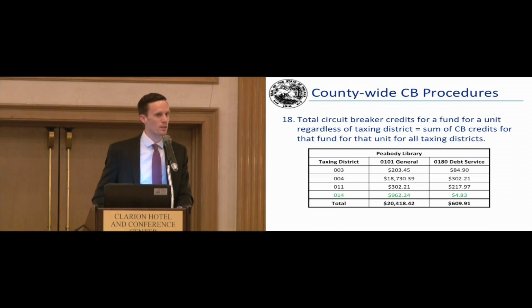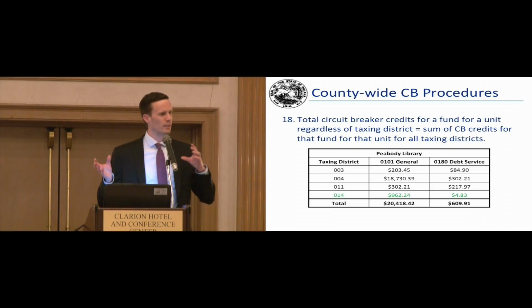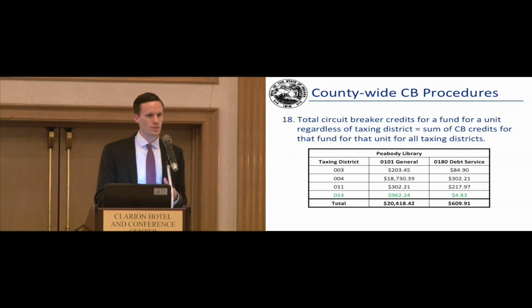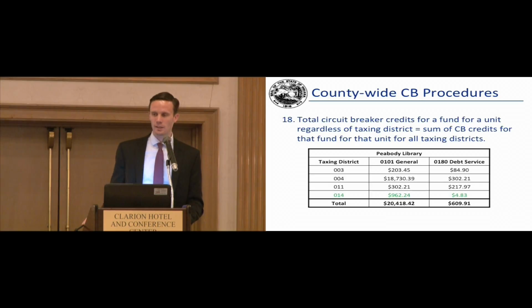But one way or another, we'd see that that same amount appears on the circuit breaker report. So I'm going to show you an Excel model that we use. We actually have a couple different ways to calculate these circuit breaker amounts, at least at the department. We have a tool that our developers have built that takes the abstract as an input. It runs through all these procedures to pull in the abstract data out of Excel and process it, reformat it, and pull out tax rates, and basically to run through the same calculations that we have.